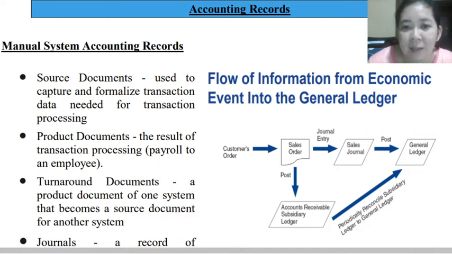Okay, so of course, this accounts receivable subsidiary ledger is periodically reconciled to the general ledger, to make sure that the total, the sum of our accounts receivable subsidiary ledger reconciles with the general ledger account for the main account of accounts receivable.